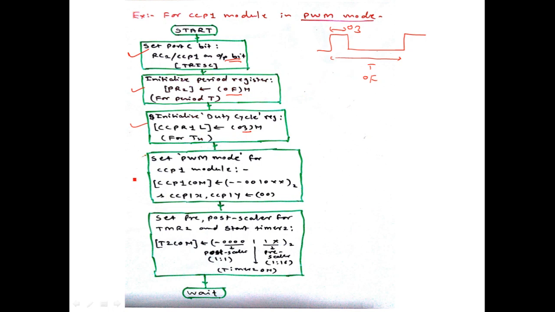Then you can load the proper bit pattern in the CCP1 control register. Also put these 2 bits appropriately, because these bits will be used along with these 8 bits to decide the duty cycle. So that has to be done in the CCP1CON register.